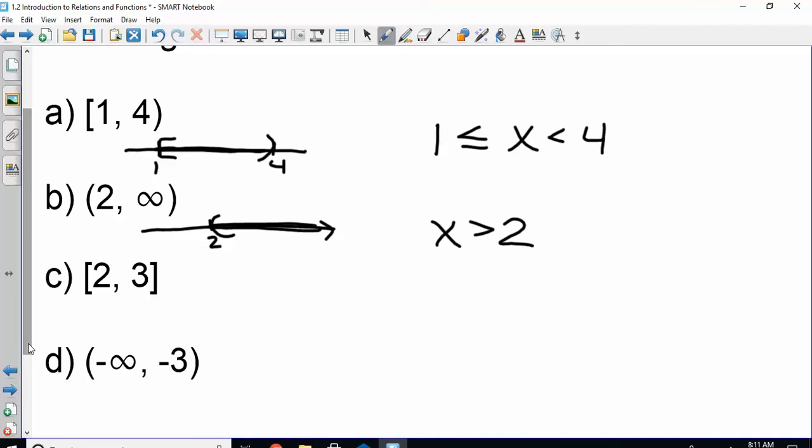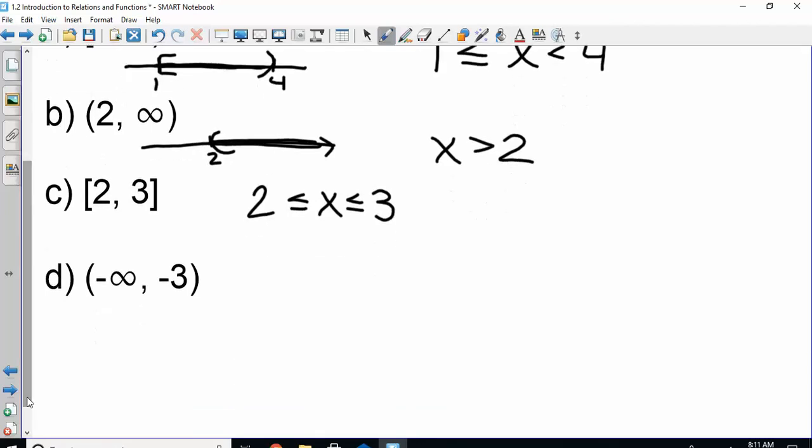Okay, C. That's kind of more like A because I have a starting and a stopping point. How would we write that one? 2 is less than or equal to x, and less than 3. And the 3 also has an equal to because of the bracket. D. Negative infinity to negative 3.